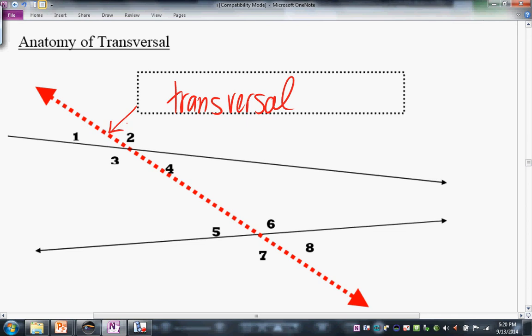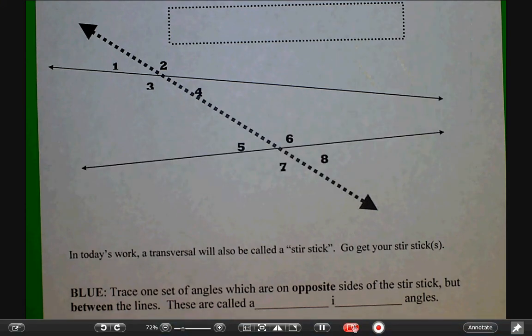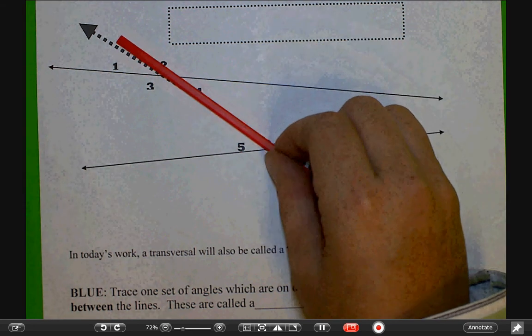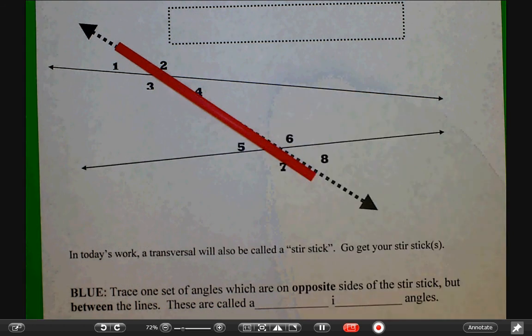Whenever we use a transversal, we're going to get a stir stick. So right here, when you see a transversal, I want you to get in the habit of taking your stir stick and putting your stir stick right on it. That's going to be your transversal. So when I say stir stick and transversal, I'm going to use that interchangeably.